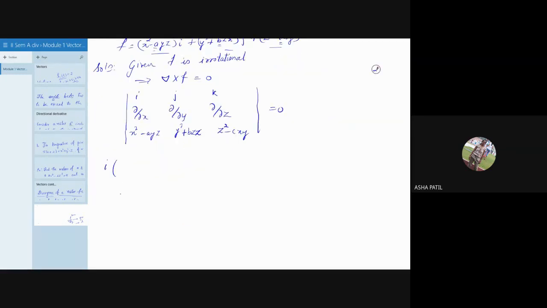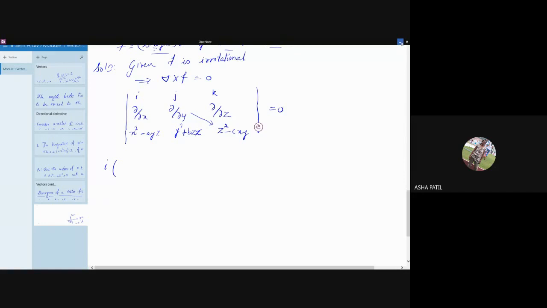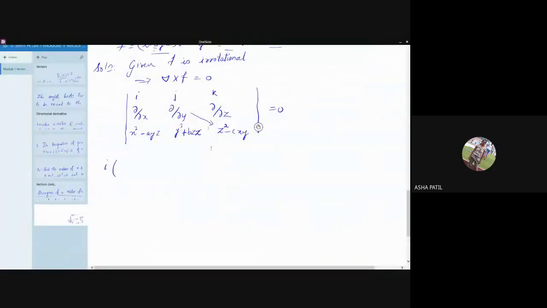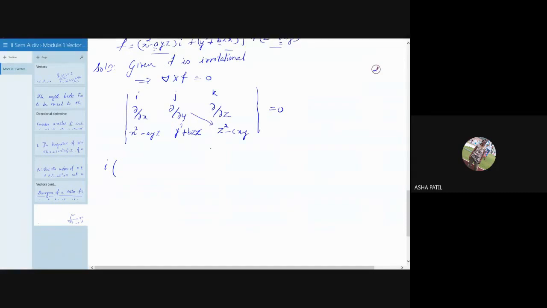Expand the determinant. I into will have dou by dou y of z square minus cxy. What's the derivative? With respect to y, if you differentiate, you'll get minus cx, x is constant, derivative of y is 1, minus dou by dou z of this.